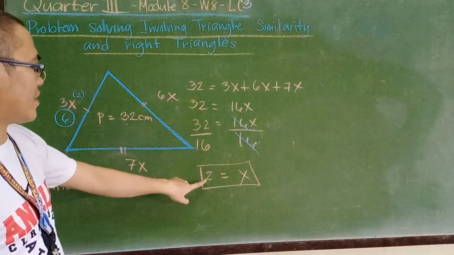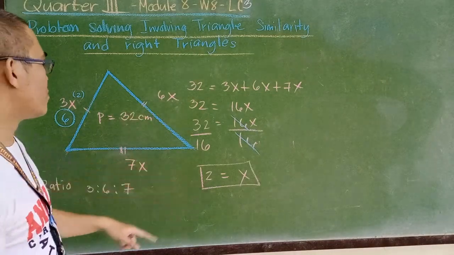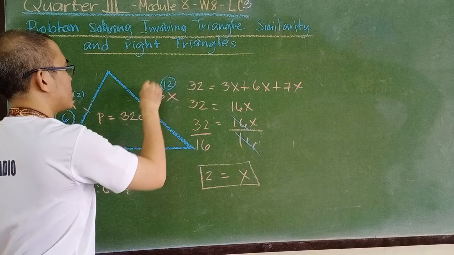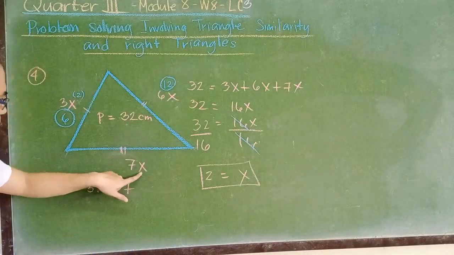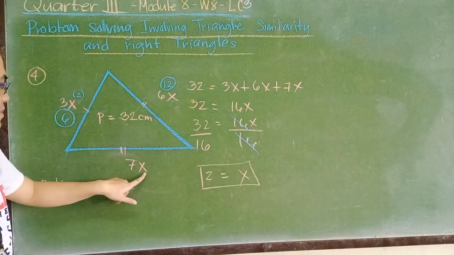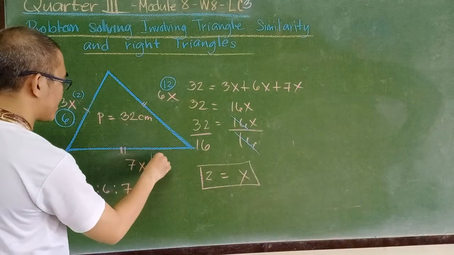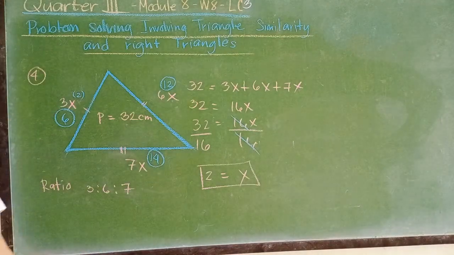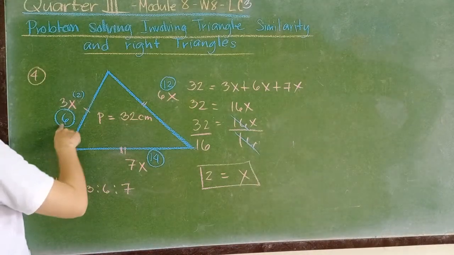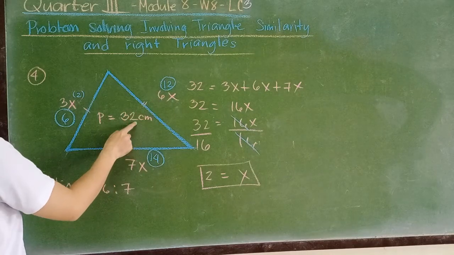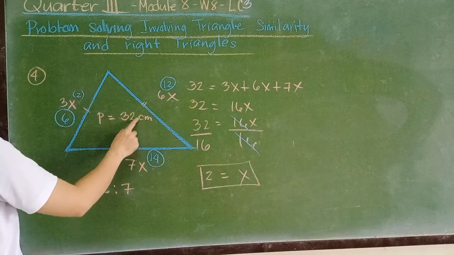And then yung x na yan, papalitan ko ng 2. 6 times 2, that is 12. And then yung x na yan, papalitan ko ulit ng 2. 7 times 2, that is 14. Now, kung i-add mo yung 6, 12, at saka 14, that is equal to 32.